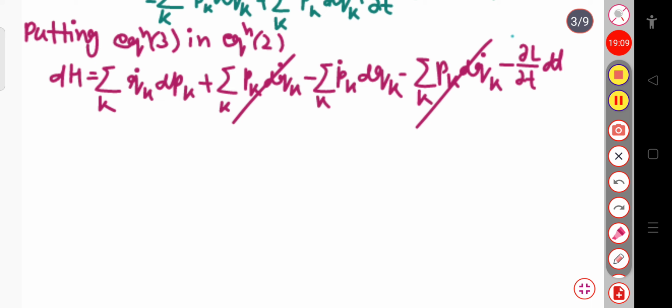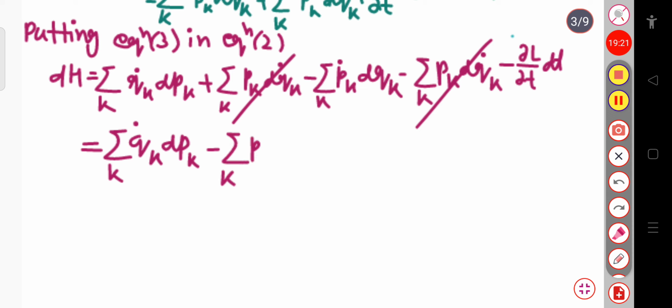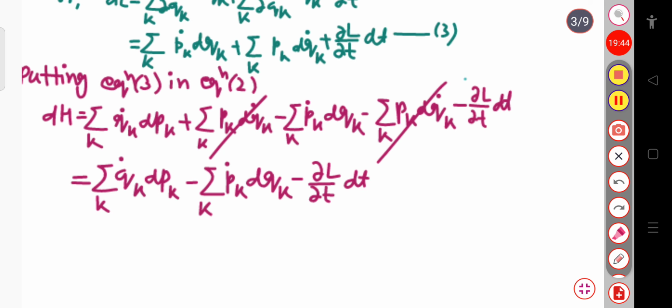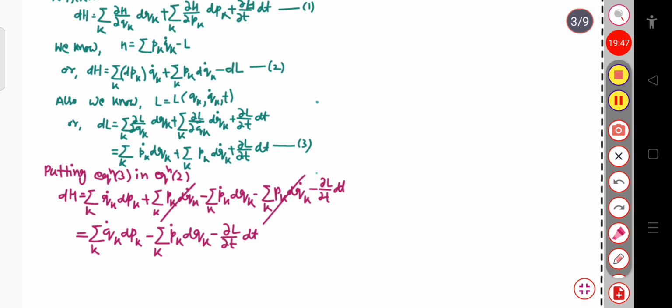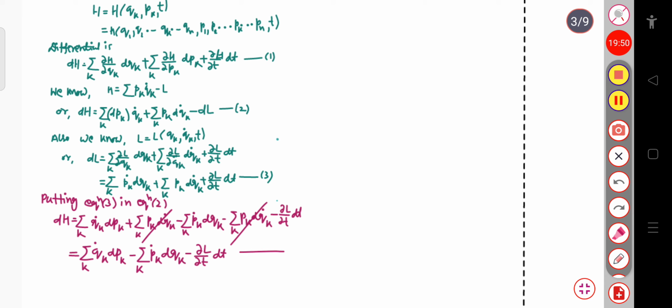Now the remaining terms will be equal to sum over k qk dot into dpk, minus sum over k pk dot into dqk, minus dou L by dou t into dt. Suppose this is equation number 4.